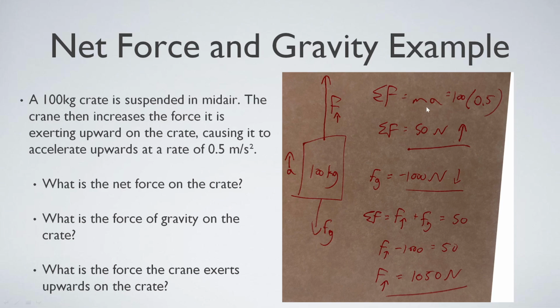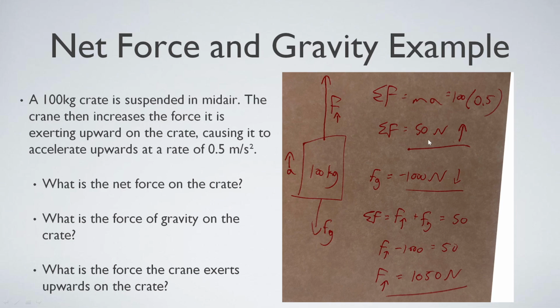What has changed, though, is that the net force is now 50. So the upward force will add to gravity, and they don't add up to 0 anymore. Now they add up to 50. The gravity didn't change, but the net force changed, and so if we add 1,000 to both sides to solve for the upward force, we find that the upward force is now 1,050 newtons upwards. That upward force increased by 50 newtons, and 1,050 minus 1,000 is what gives us the net force of 50.